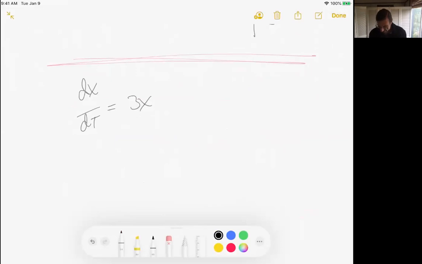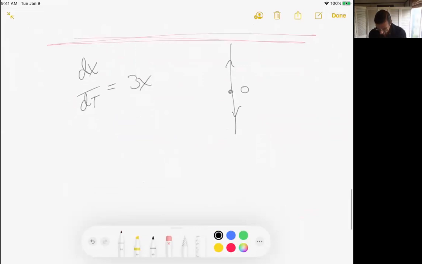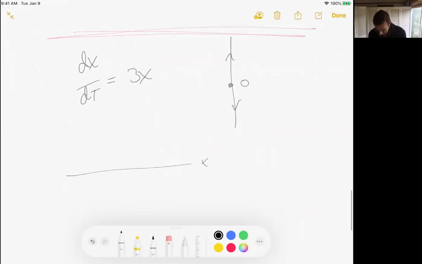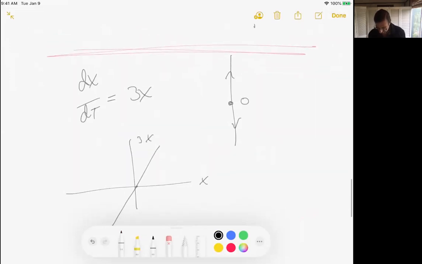We know everything about this. We've got a single equilibrium point at 0. 3 is positive, so things move away from the origin. We can graph x versus 3x, and we get just a line of slope 3. And so we've got the phase line.